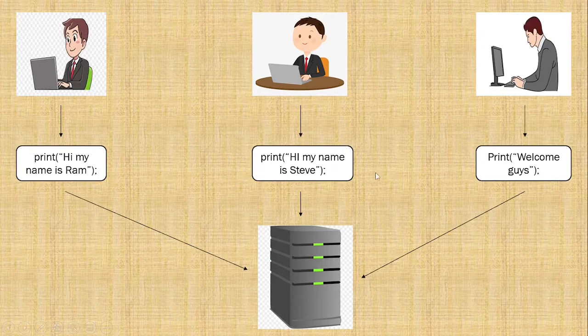Similarly, when the third guy wants to work on that same piece of code, he takes a pull, deletes all these things and overwrites it with print welcome guys. So at the end of the day, if I execute this program, the output will always be welcome guys.